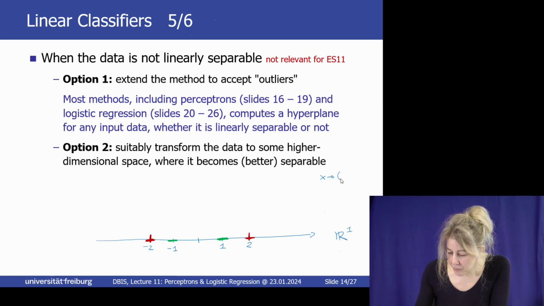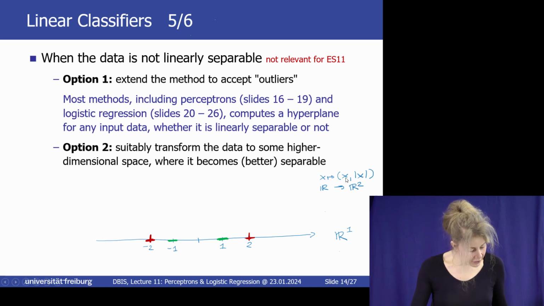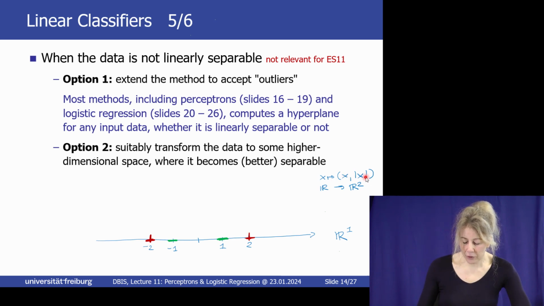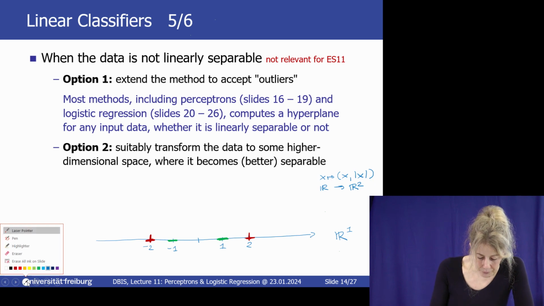Here's one function, and there are many functions which would do the job. So this goes from R to R2. And I'm just doing the following. Out of every point, I make a two-dimensional point out of the one-dimensional point. Same, and here I take the absolute value. So what happens now?